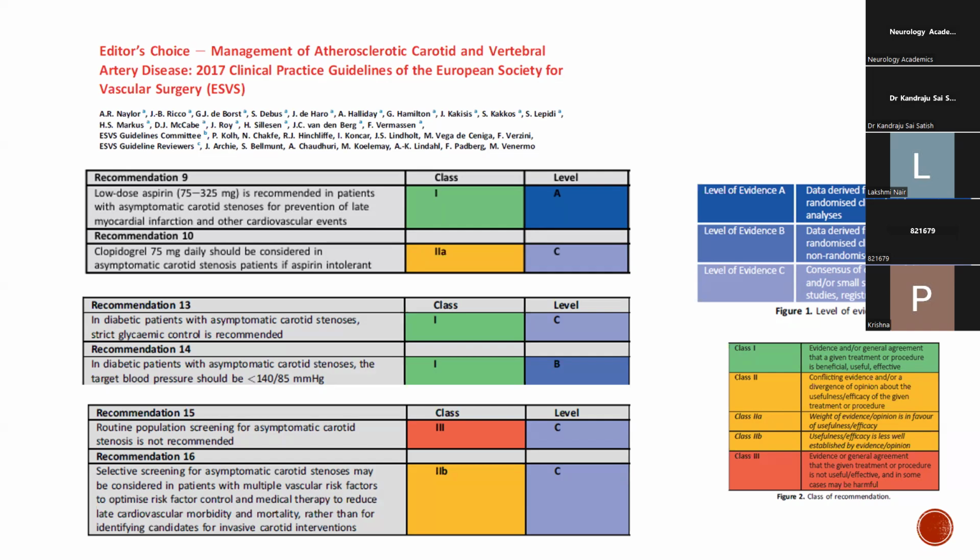Is there any trial substantiating that people with unstable plaque are more likely to benefit from intervention? In the recent ECST-2 trial, they identified high-risk plaque features, that is, the CAR score.